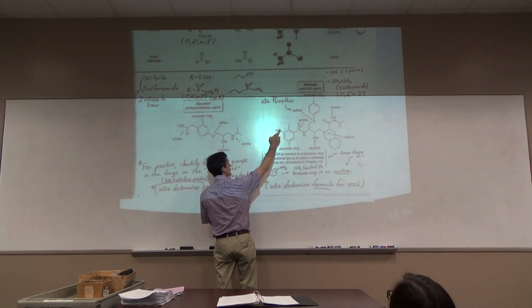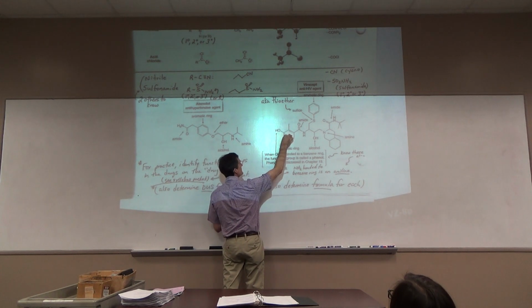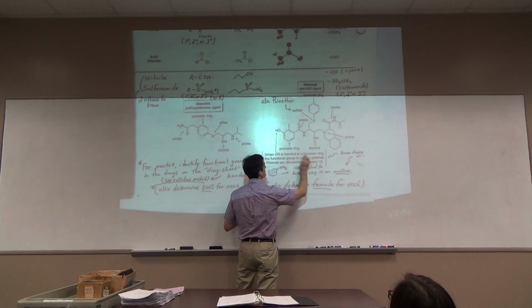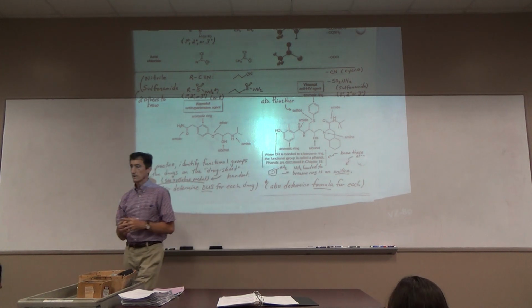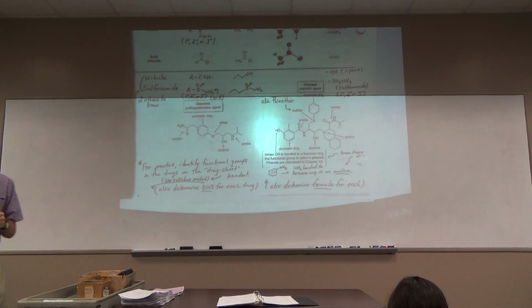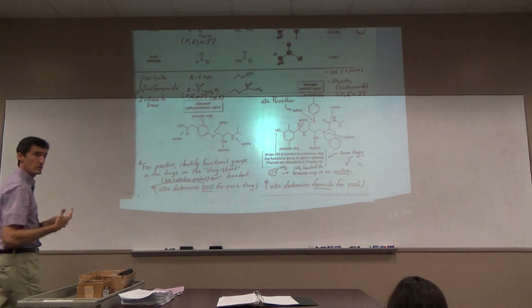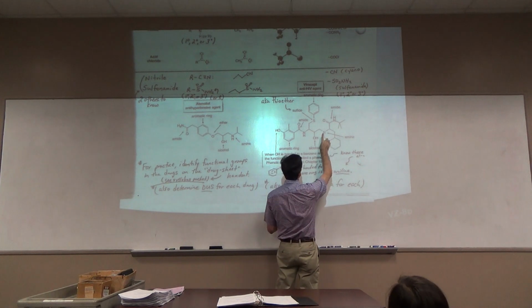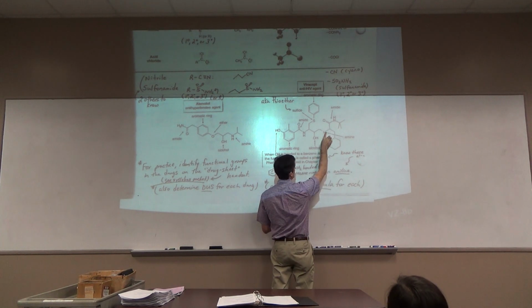When the alcohol group or the hydroxyl group is on a benzene ring, it's called a phenol. It's a special type of alcohol. We call it a phenol. It's got the -ol ending in alcohol, -ol ending indicating phenol. When there's an amine, a tertiary amine, it's got the bottom of 3 carbons.